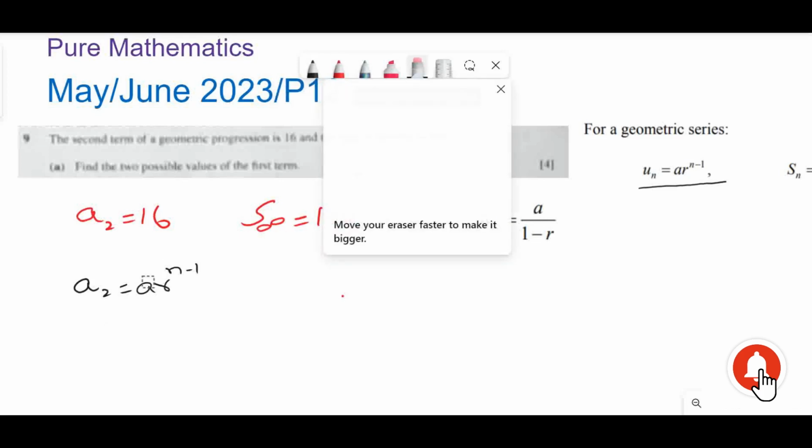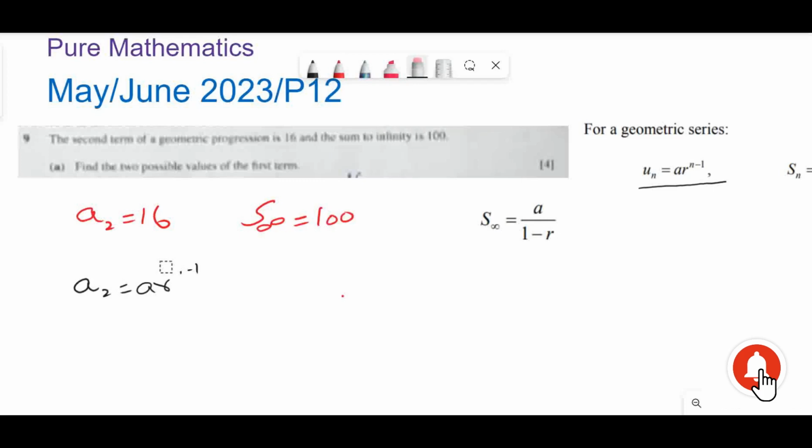So 2 minus 1 is 1, which means that the value of A2, 16, is equal to A r. So from here we can say that r will be equal to 16 by A.